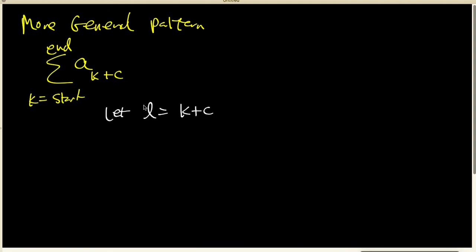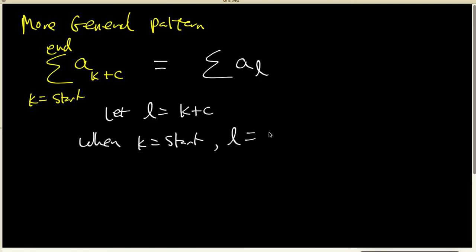Then I want to rewrite the sum so the term will become a_L, but I also have to rewrite the starting and ending values. And so when k is equal to the starting value, L is going to be that starting value plus c.